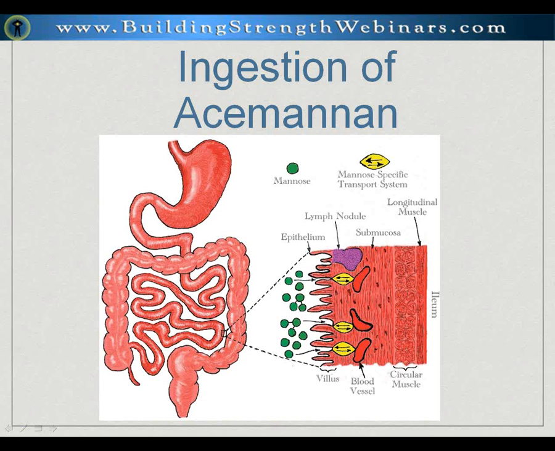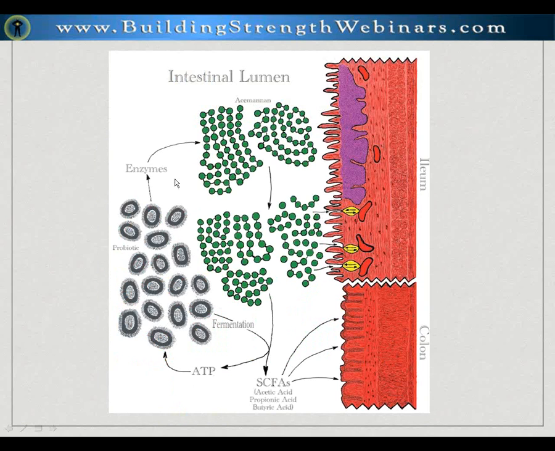Here's some ace mannan, large polymannans. Bacteria release enzymes and break them down, and finally when you get a mannose, it's pumped across. We also know that pinocytosis can take some of the oligosaccharides and small polysaccharides directly into the bloodstream.